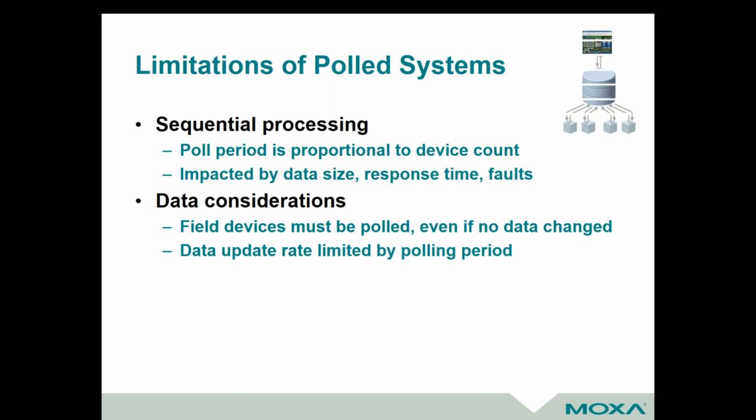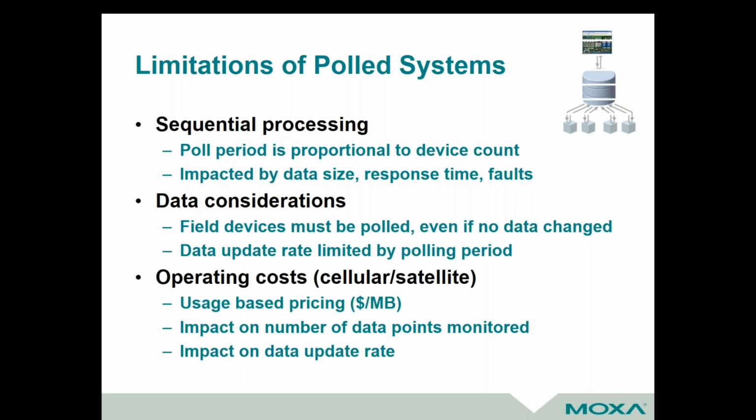So you've got to think about those types of things. And of course, the rate that you can update data depends upon how much data you're polling. Some of you probably have a pretty good understanding of this: if you are using cellular connections or wide area networks or even satellite connections, most of these have a usage-based model. So you're going to pay some amount based upon the amount of in-transit data.